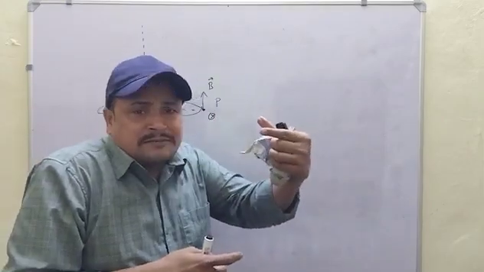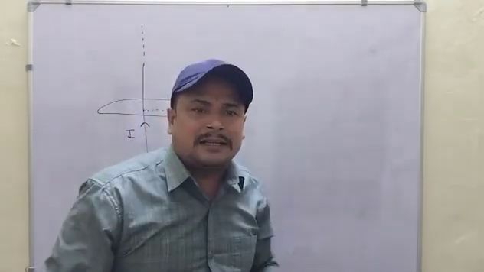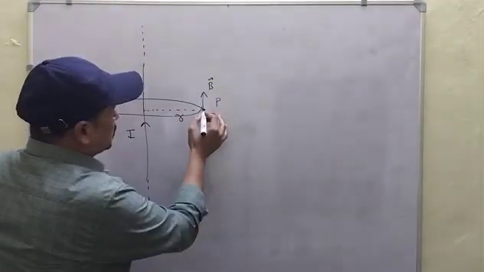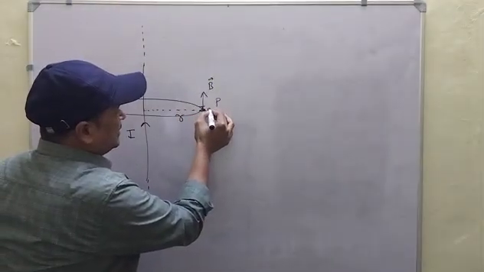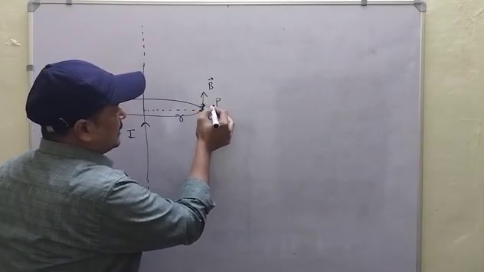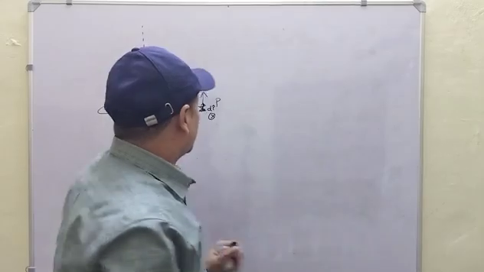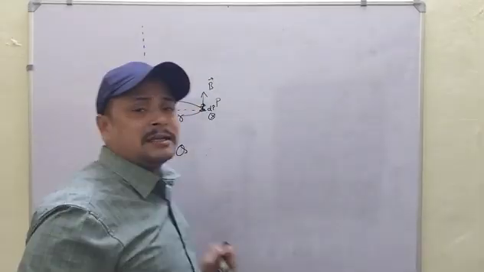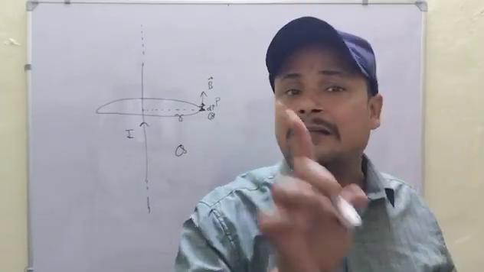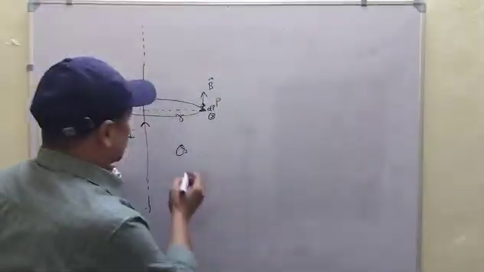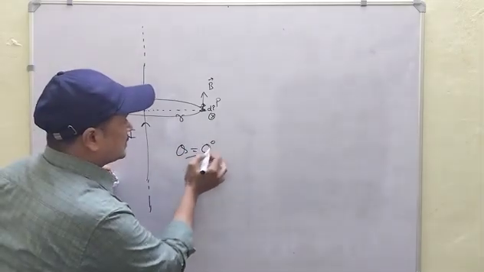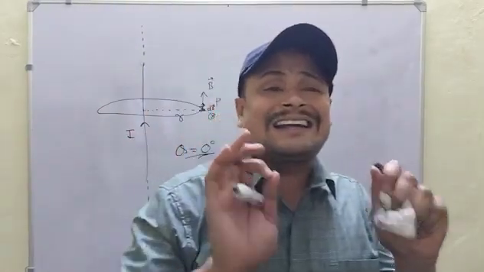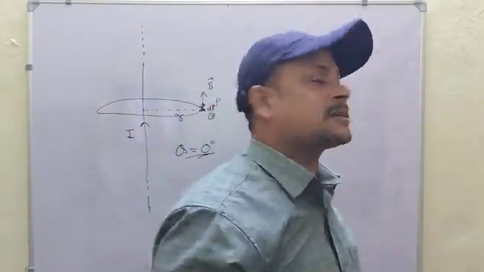At this location on the loop we take an element dl, which is directed along the magnetic field. Theta is the angle between the magnetic field and the dl vector, and theta is 0 degrees, because dl and the field are directed in the same direction.